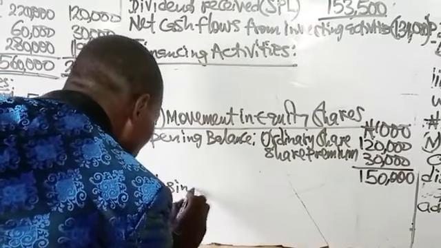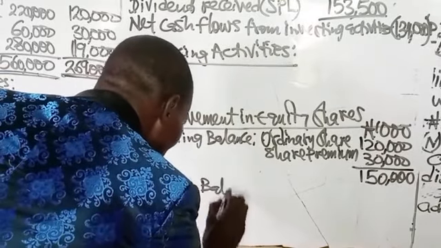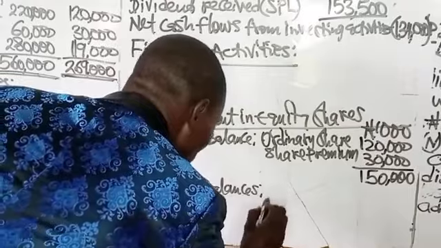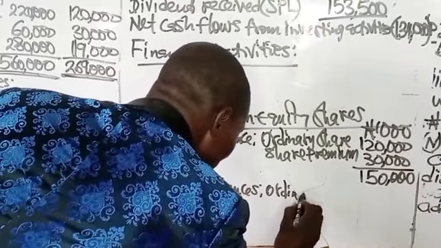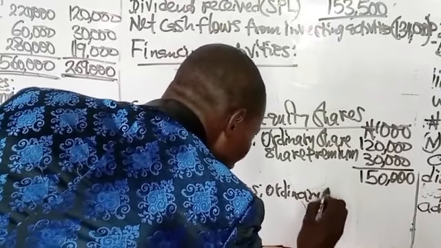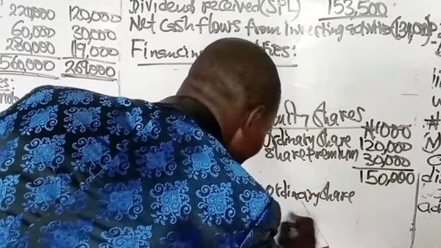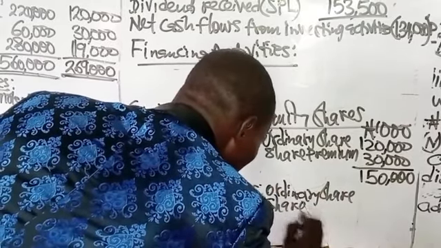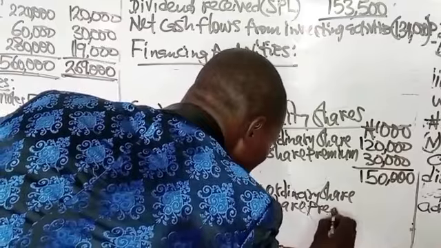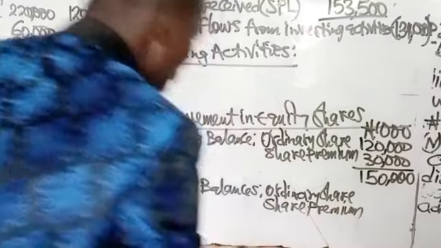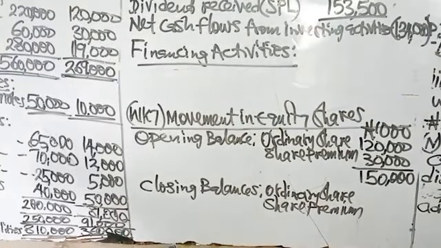Then you have the closing balances, which include ordinary share and the share premium. How much is our ordinary share?